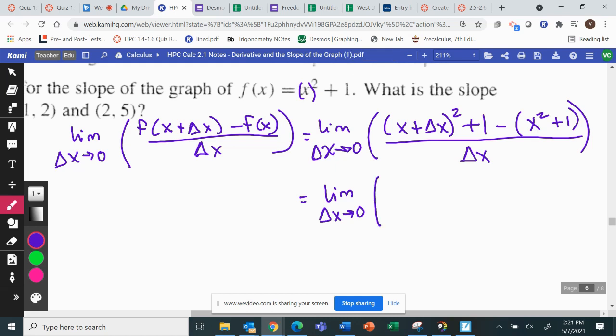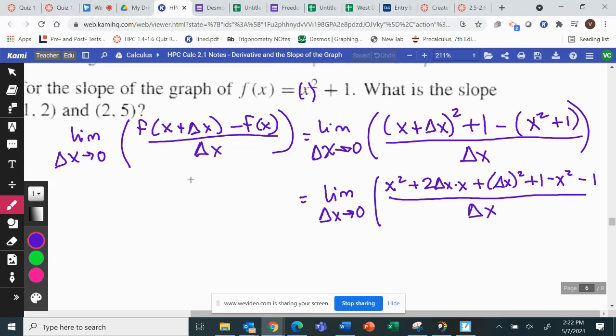So multiply stuff out. This is the one where I got confused with the first one. This is the one that has the extra x in it. So x squared plus 2 delta x times x plus delta x squared plus 1 minus x squared minus 1 over delta x.